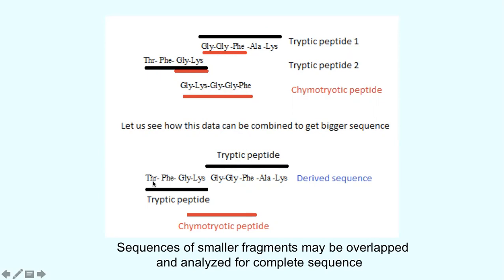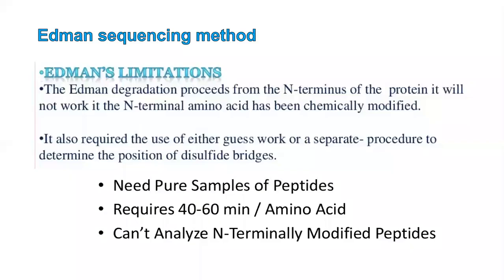So now you start reading from one end to the other, then you will get your final derived sequence. So sequences of smaller fragments may be overlapped and they can be analyzed for the complete sequence, and start reading it from one end to the other. Now you will have your complete protein sequence done. Okay, so that is how we make use of the Edman reagent to understand the protein sequence or the amino acid sequence present in a particular protein.